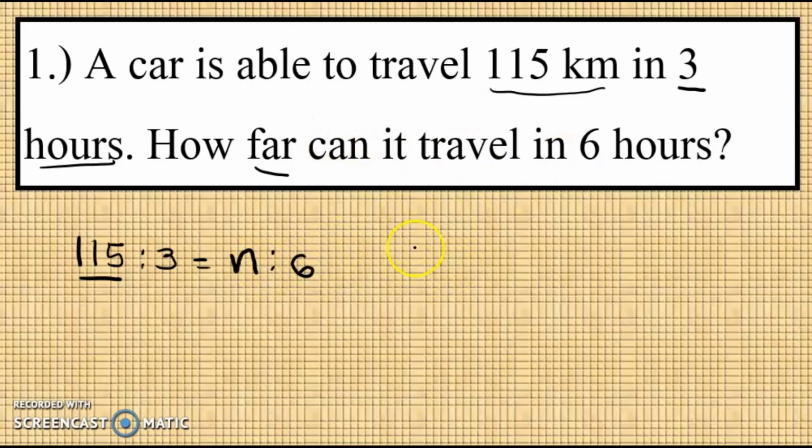Or we can also write 115 kilometers over 3 hours is equal to the missing kilometers in 6 hours. If we notice, from 3 hours, it increased, so the 115 kilometers will also increase. Right? So, that is direct proportion.